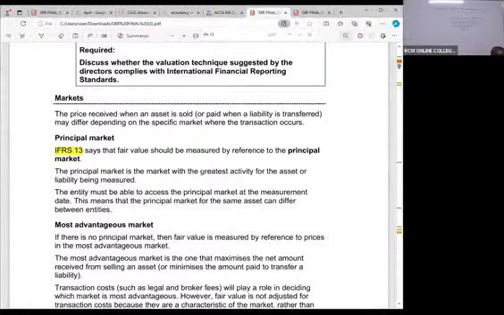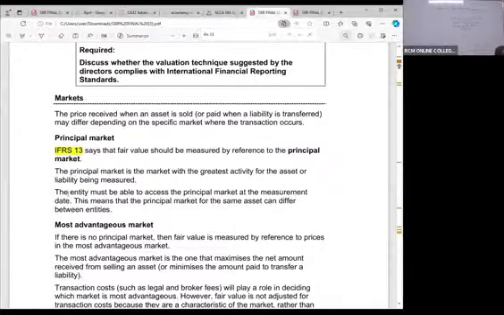Greatest activity. The entity must be able to access the principal market at the measurement date. So at the measurement date, you must go to the Nairobi Stock Exchange, use the accountant, and get to see, at 1st December, how are my shares trading? This means that the principal market for the same asset can differ between entities. So when do you want to measure this? The prices will be different between the dates, of course.